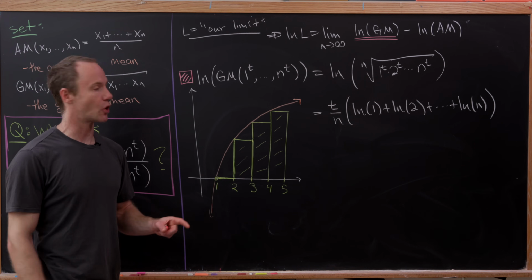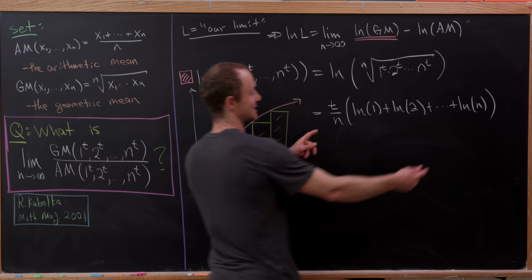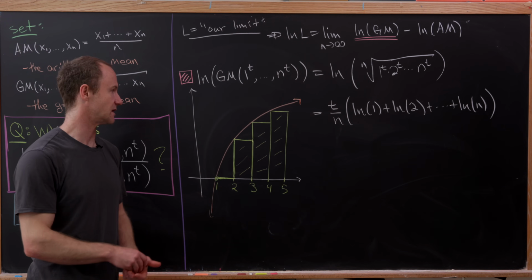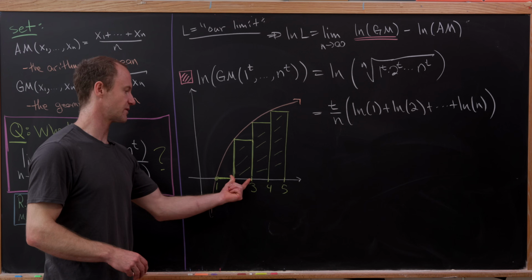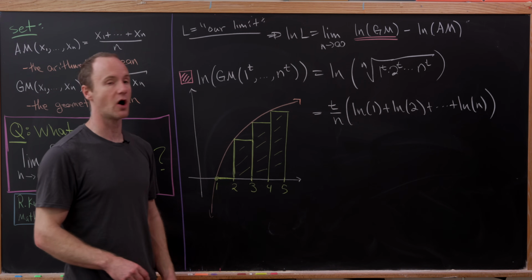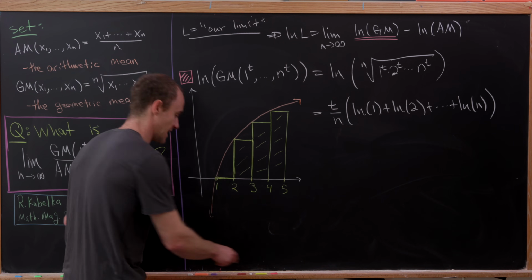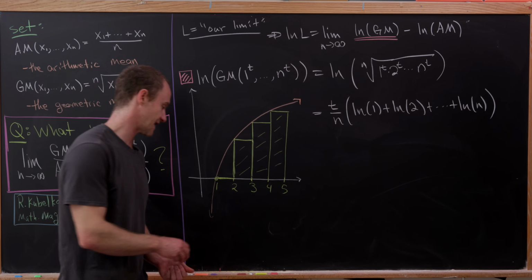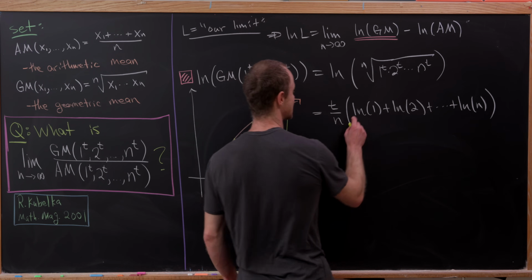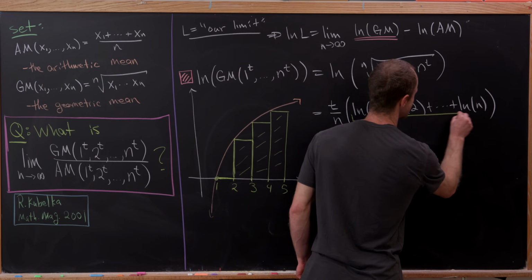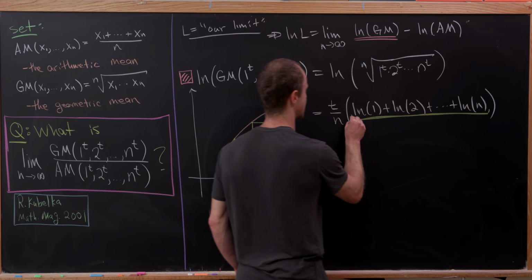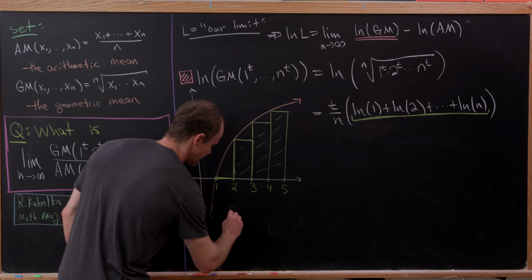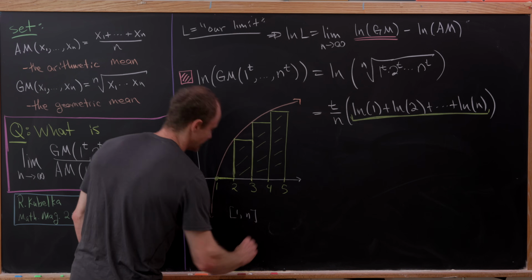Well, that's not totally true. It's exactly this part in here that's being summed up of our geometric mean, because note, we've got natural log of 1 plus natural log of 2 plus natural log of 3 all the way up to natural log of n. Well, let's notice that the sum of the areas of these rectangles is exactly what's going on here. Well, that's actually not totally true, because we're taking left-hand endpoints on the interval from 1 up to n.